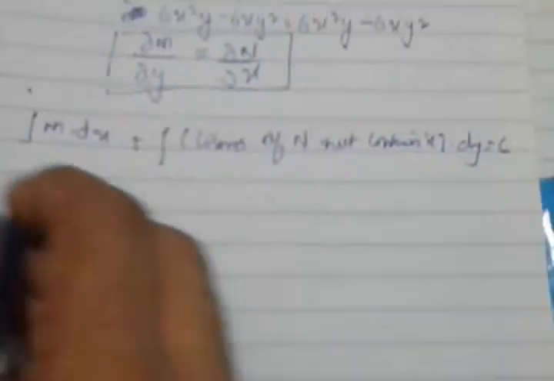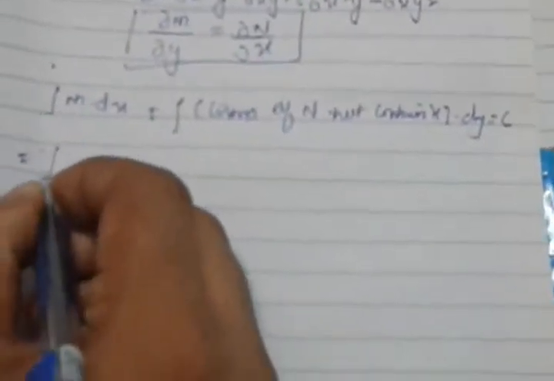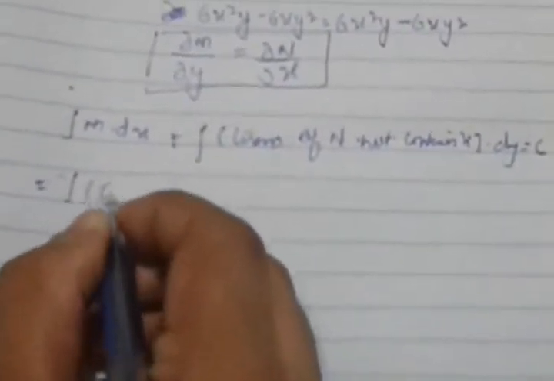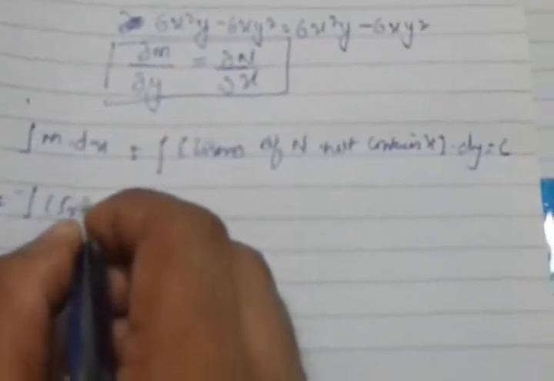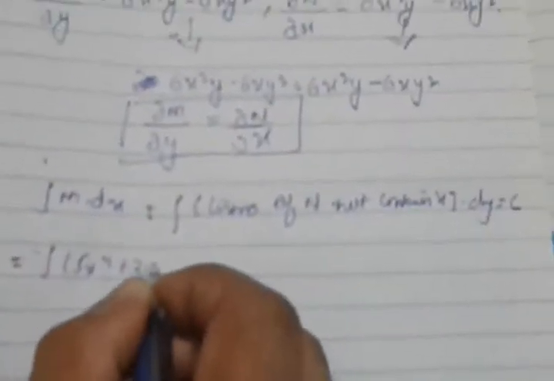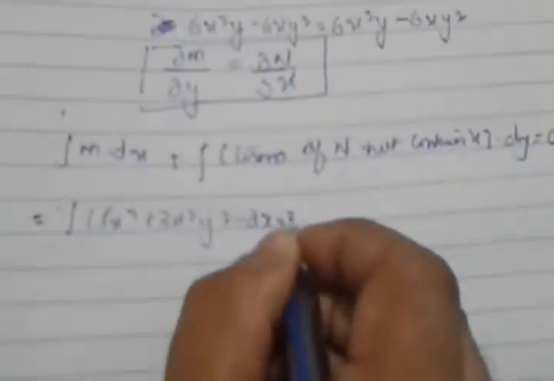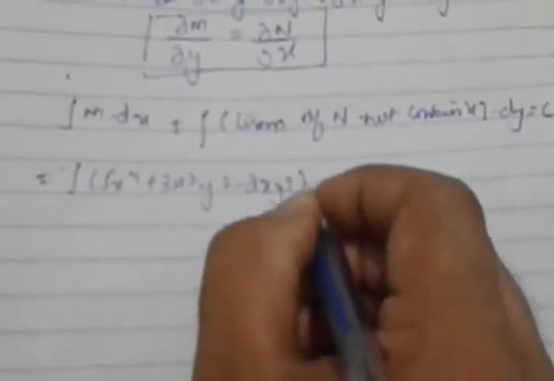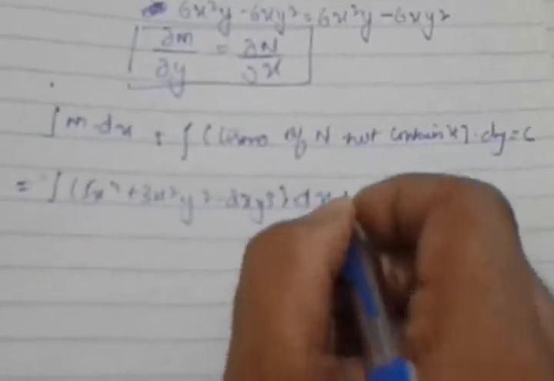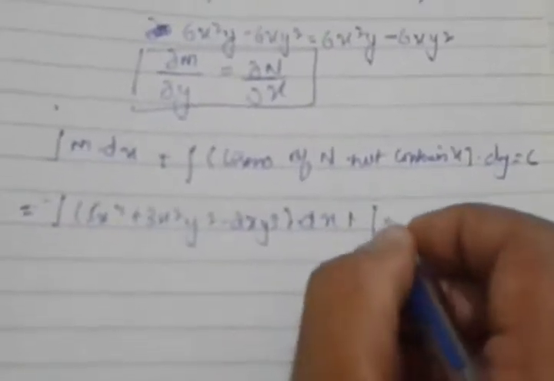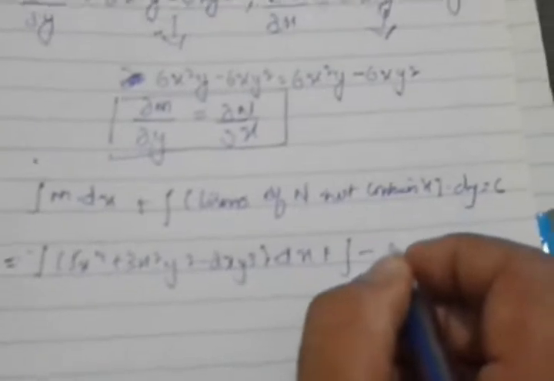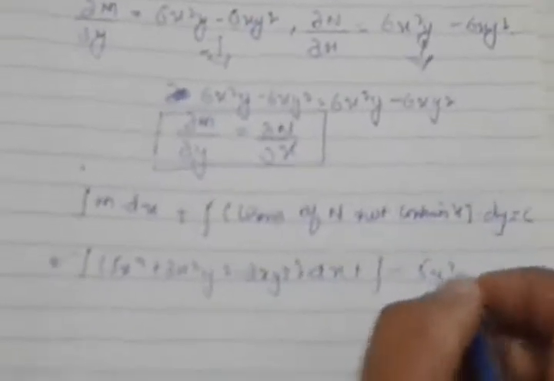So here M is 5x^4 + 3x^2y^2 - 2xy^3, dx, and the y term, -5y^4, dy, equals c.